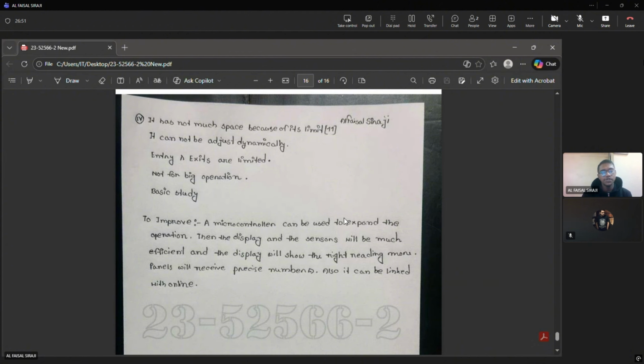It is more suitable for basic study and to show students how a 555 timer, comparator, and K-maps are used. To improve, a microcontroller can be used to expand this operation, because the microcontroller will help show the display and the sensors more accurately, so the numbers of entries and exits will be more precise.